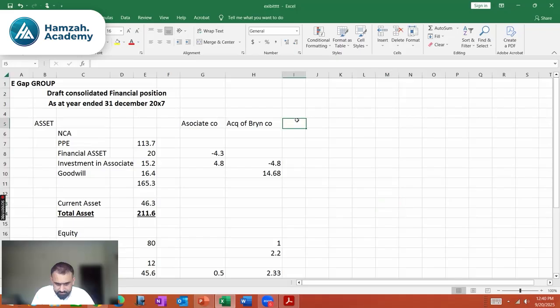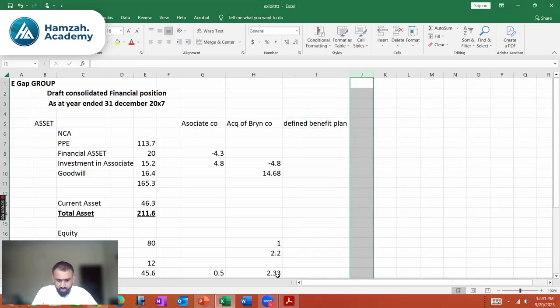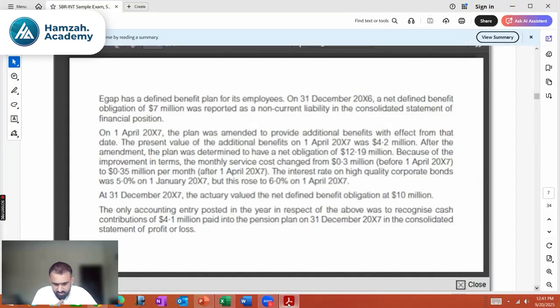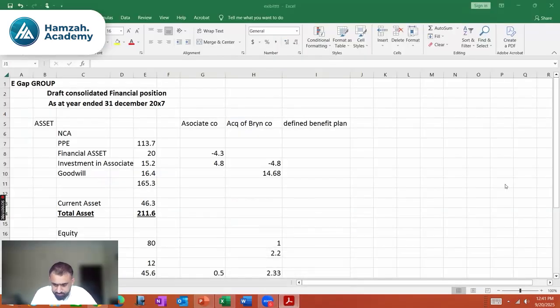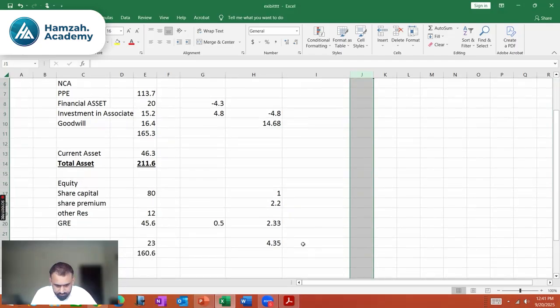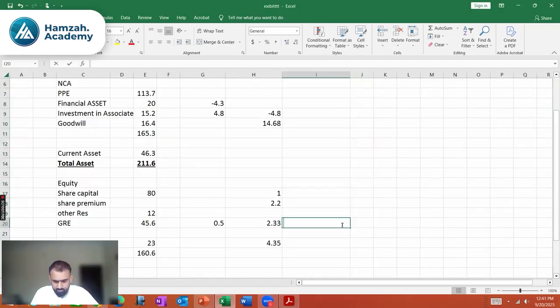So the contribution of 4.1 will be added back in the group retained earnings.